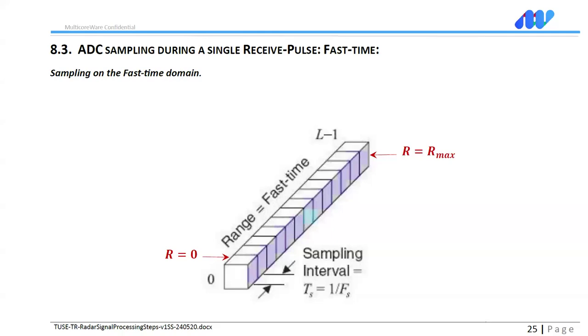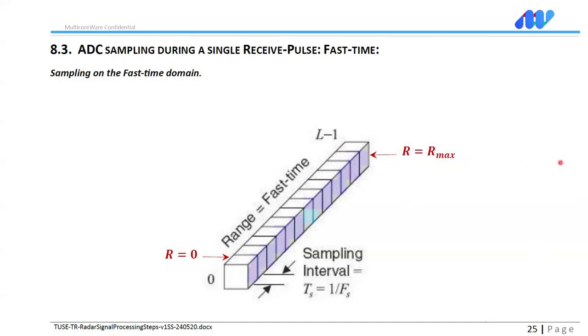Back to this file. As I said before, sampling starts immediately after TX shuts off, and it continues until the last sample is captured. That's the Rmax. So this is the time axis. You send the pulse, and immediately you start sampling the signal, just before the second pulse is transmitted.